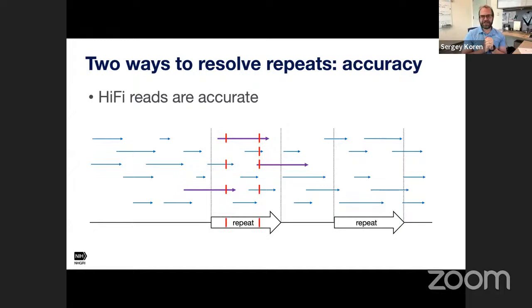This is maybe less intuitive the first time you hear it, but the more accurate the reads are, as long as there's variation in your repeats and they're not identical repeat copies, you can resolve them even though you never span any of those repeats.